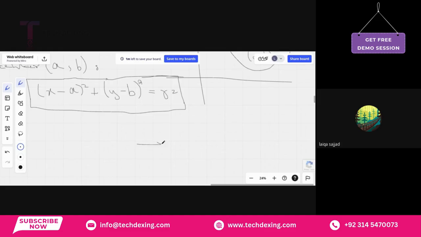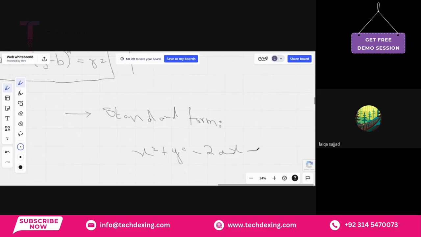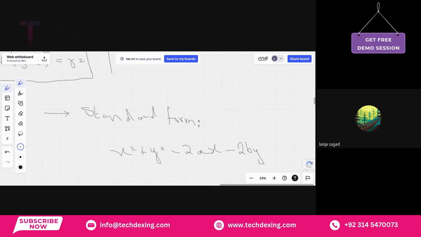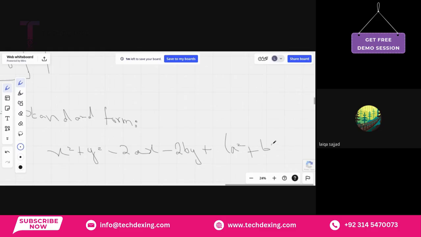So any circle can also be represented in its standard form, which is x square plus y square minus 2ax minus 2by plus a square plus b square minus r square, which is equal to 0.